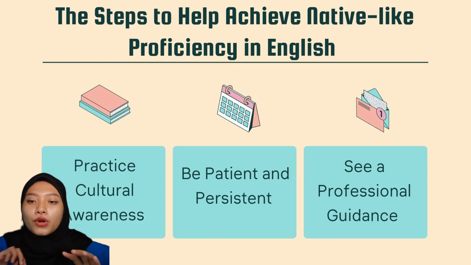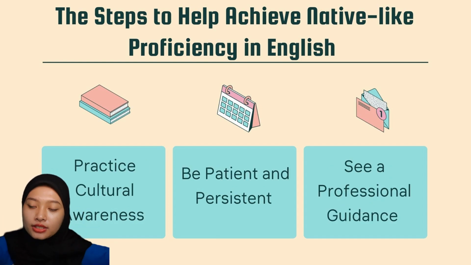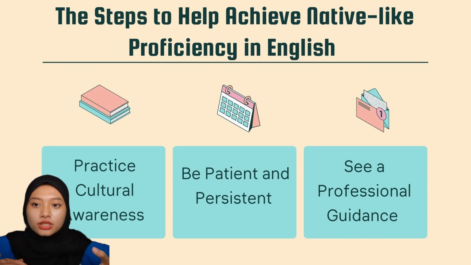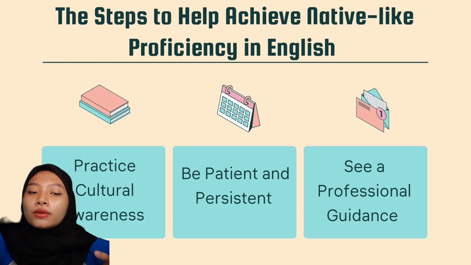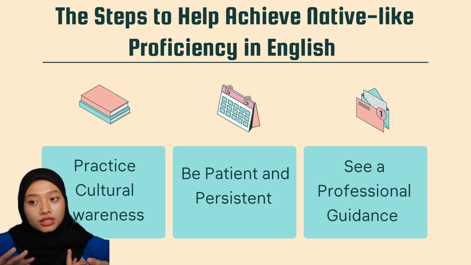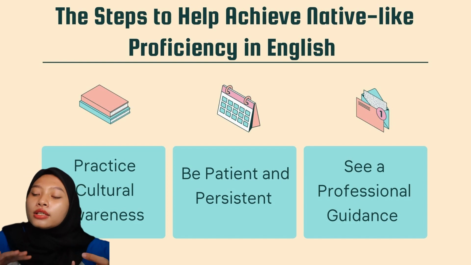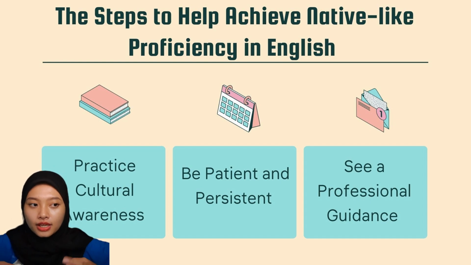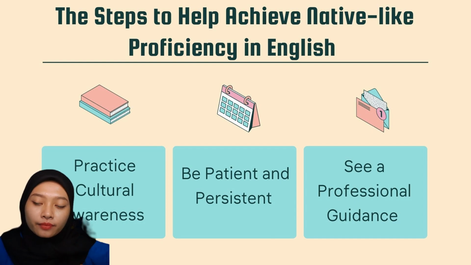10. Practice cultural awareness. Understand the cultural nuances associated with the English language. Learn about idiomatic expressions, humor, and social conventions to communicate more effectively. 11. Be patient and persistent.